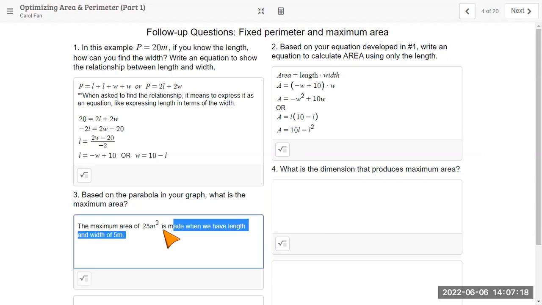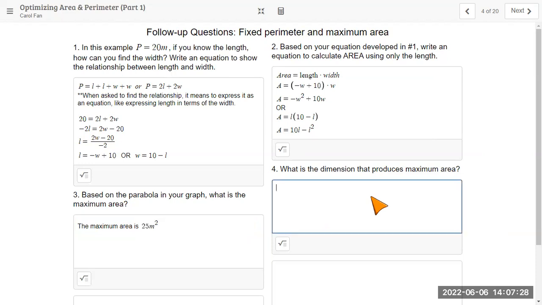And I guess I kind of jumped ahead because the next question is asking, what were the dimensions that produced the area? Well, we know that the length is equal to 5 meters. And in order for us to get 5 meters, 5 meters and something else to get us 25, our width would also have to equal 5 meters.